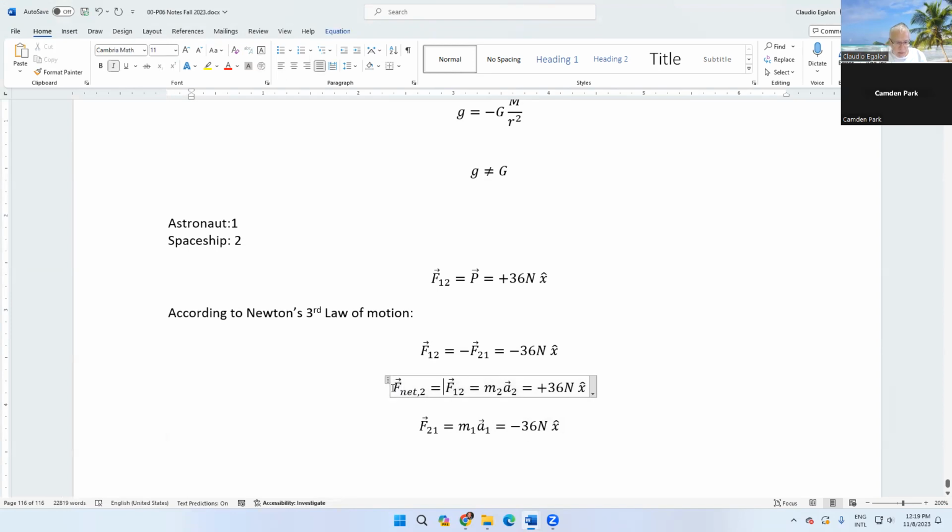Same thing here: the net force applied to 1 is the force that the spaceship is applying to 1, and it's m1 times a1. This one was given by the problem. This one you obtain from Newton's third law of motion, action-reaction.